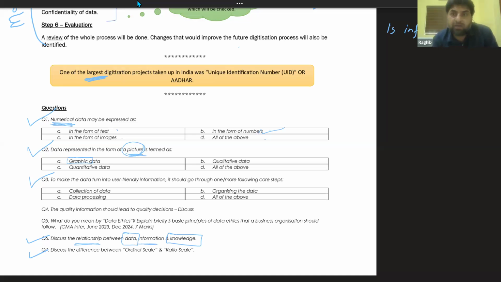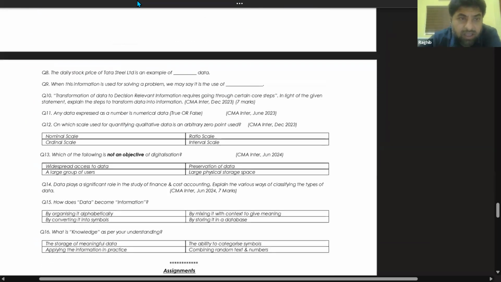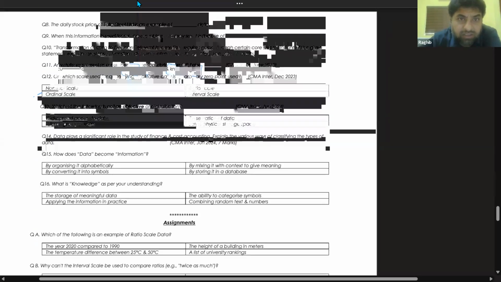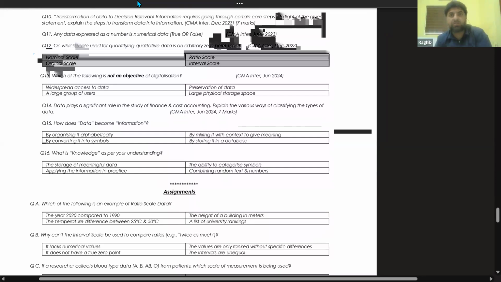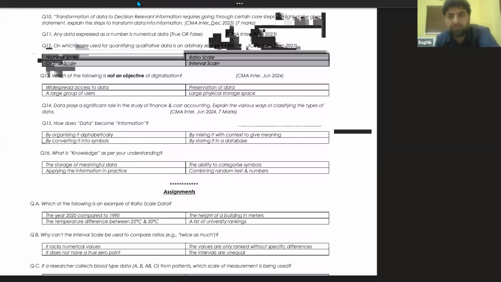So henceforth, we have completed the first chapter, and there are some questions below. Since the time is about to cross the specified limit, you guys can try to look at those questions by yourselves. From question number 10, I have included various questions from the examination point of view, like what has been asked earlier.